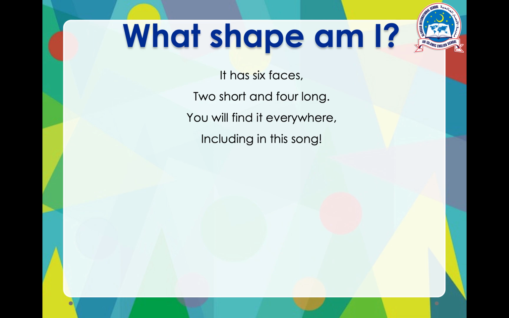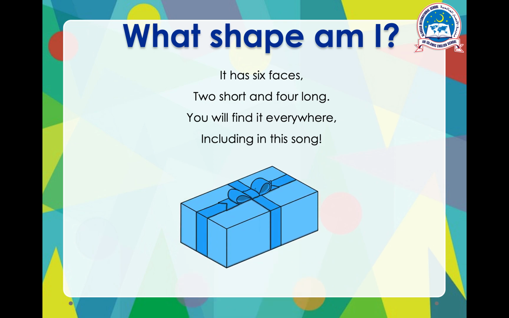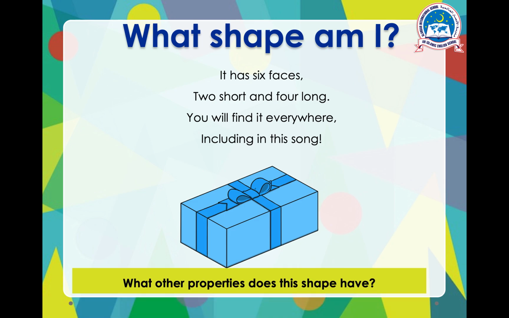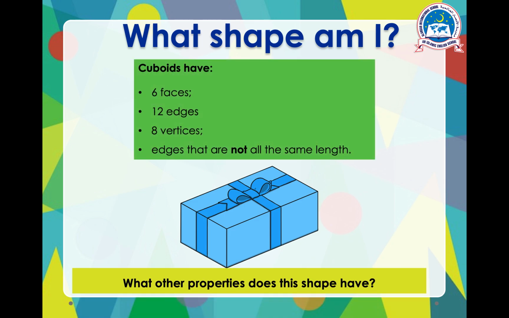Let's look at the next shape. It has 6 faces, 2 short and 4 long. You will find it everywhere, including in the song. Can you guess what shape this is? If you've guessed that this shape is a cuboid, well done.